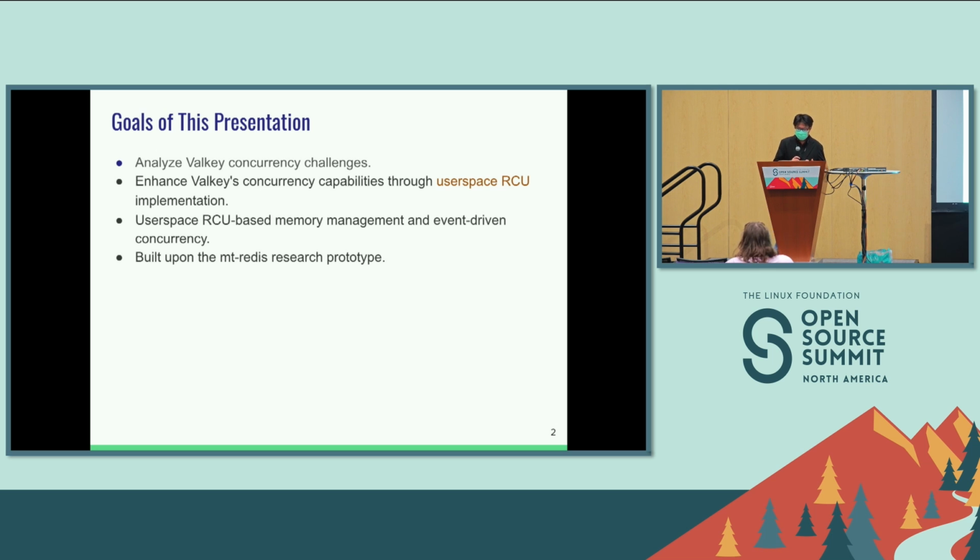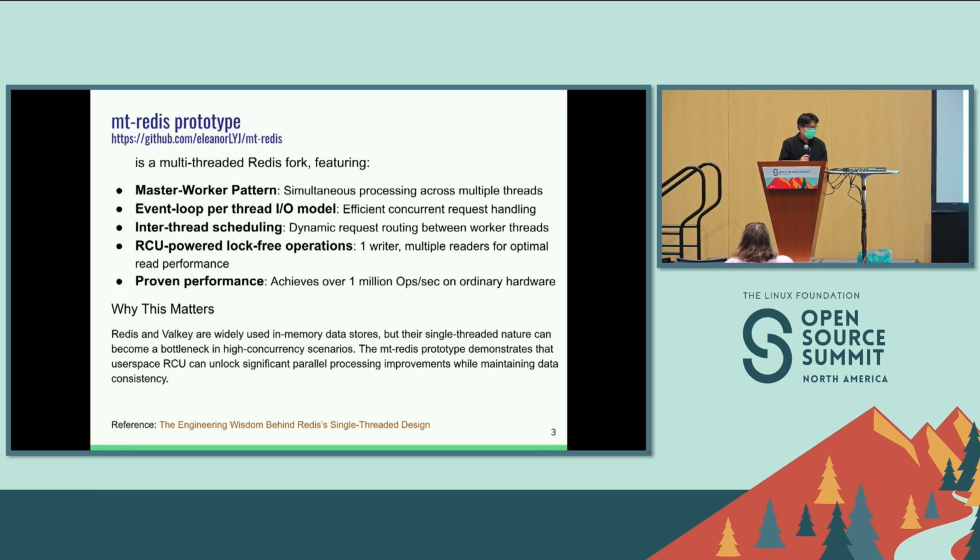And then I want to introduce the code base for the research prototype named after Redis. So right now, you can check the source code on GitHub, which is a multi-threaded Redis fork. So we introduced several changes. The first thing is the master-worker pattern.